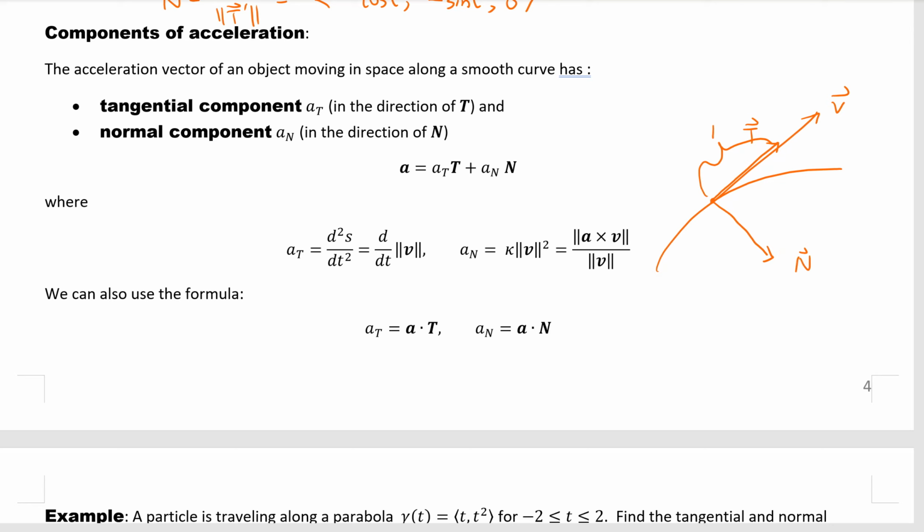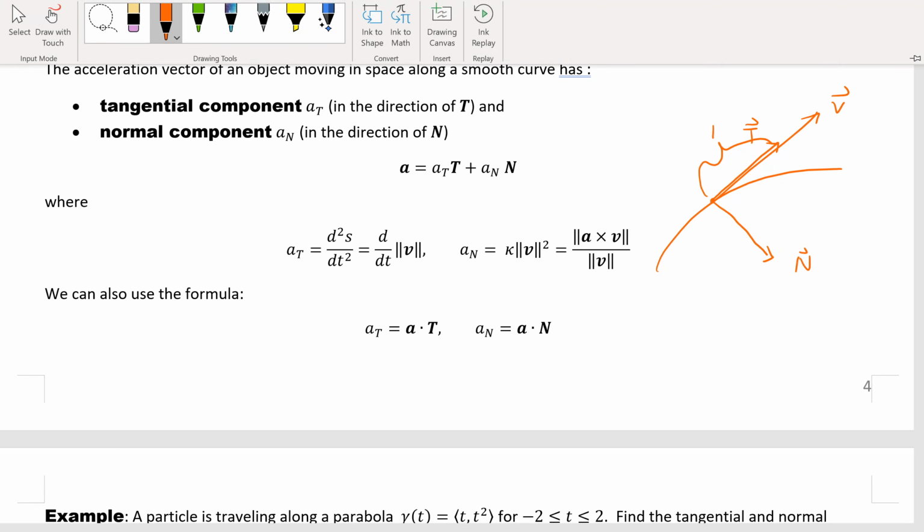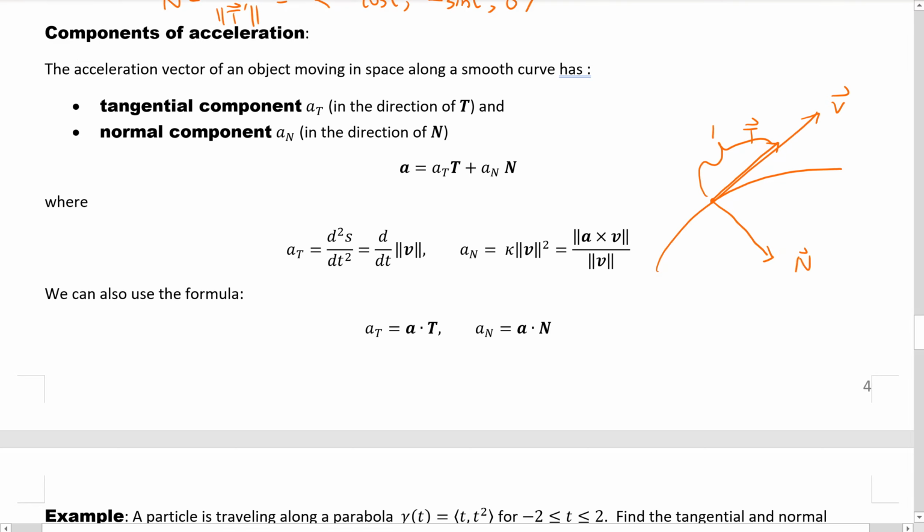Okay, let me draw a better one here. Now how about the acceleration? Well, let's say the acceleration is like this. Then we can decompose it into two components.